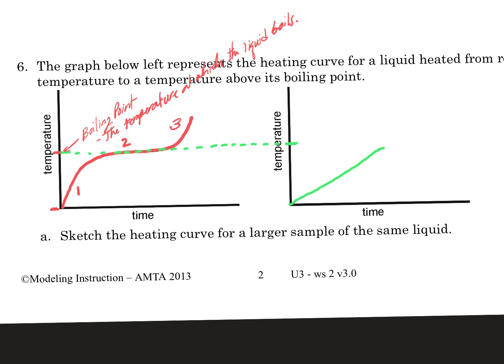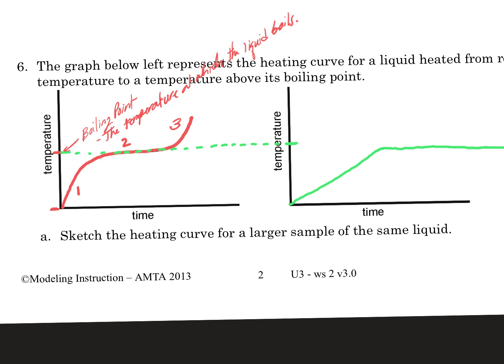The heating curve is not going to be as steep, and it just takes more time to get to the boiling point. And then once that happens, now there's a whole lot more stuff to boil, right? So that's going to be a lot of material to boil. I'm going way off the charts here, but I want you to see that more stuff means there's more to boil, so that's going to take a longer time to happen.